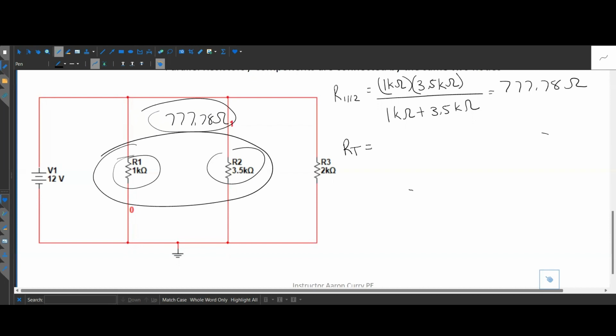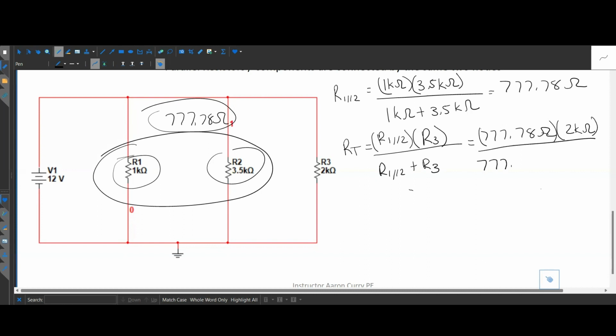Your R total would equal R1 parallel R2 times R3 over R1 parallel R2 plus R3. Just plug and chug: 777.78 ohms times 2 kilo ohms over 777.78 ohms plus 2 kilo ohms.